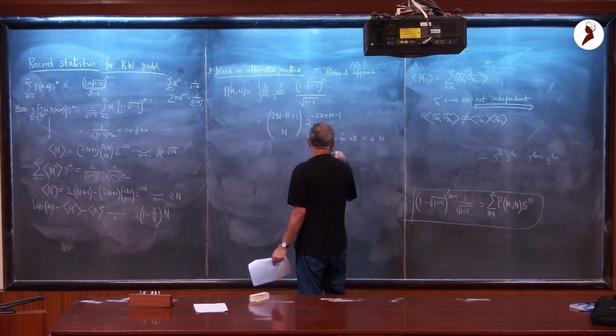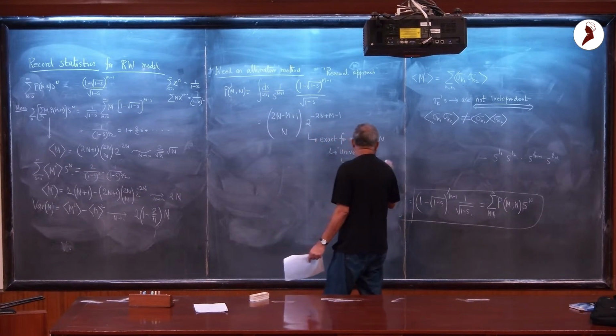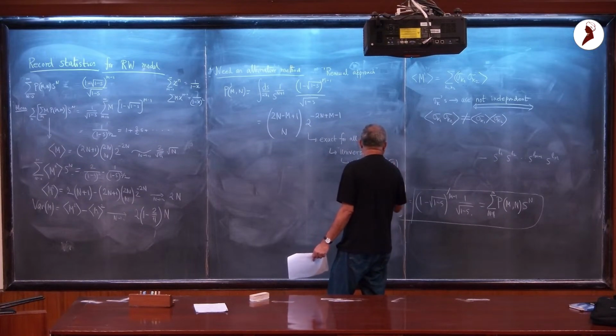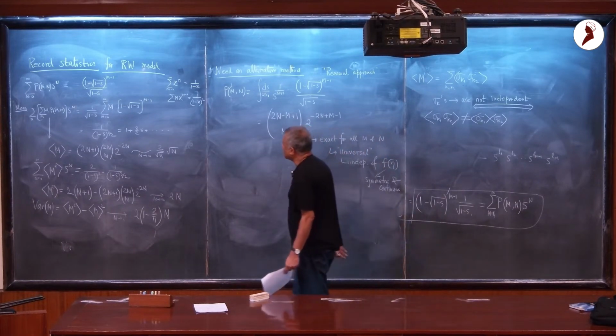And not only exact, this is again totally universal, that is, independent of the noise distribution, as long as this is symmetric. So you see, this Sparre Andersen theorem is very powerful.